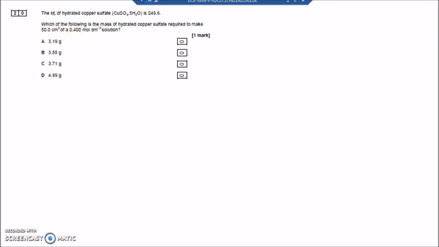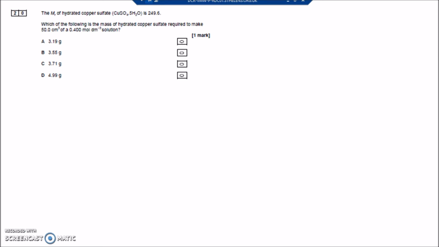Let's have a look at question 20 first of all then. Which of the following is the mass of hydrated copper sulfate? And it tells you hydrated copper sulfate CuSO4 5 lots of water, Mr 249.6, required to make 50 centimeters cubed of 0.4 mole dm to the minus 3 solution. So I've been given a volume, 50 centimeters cubed, and a concentration, 0.4.